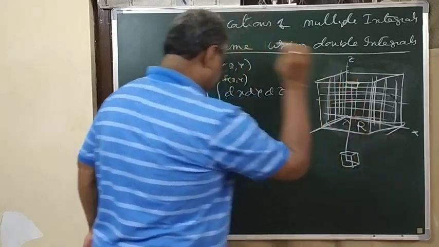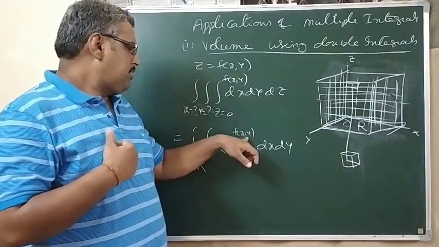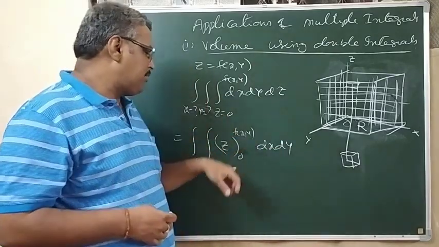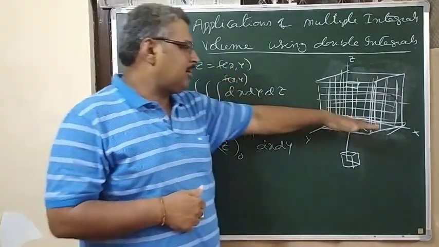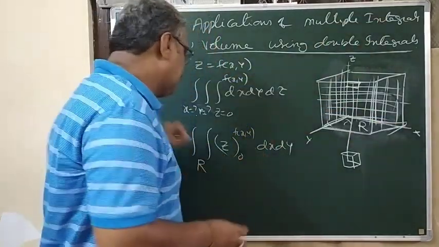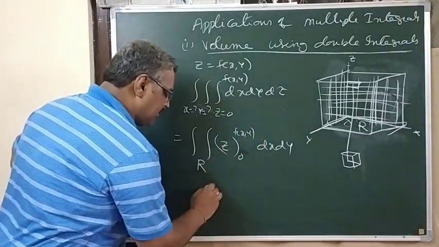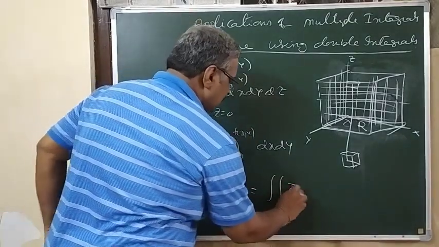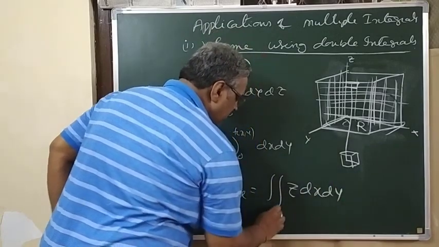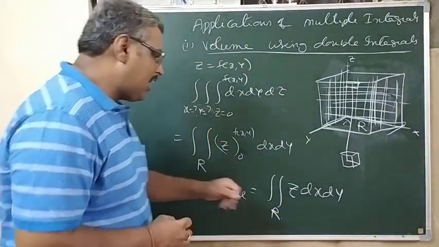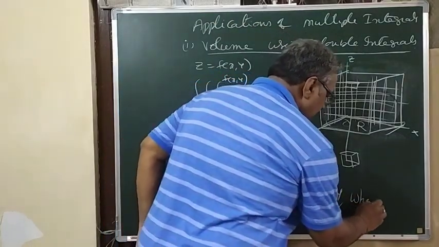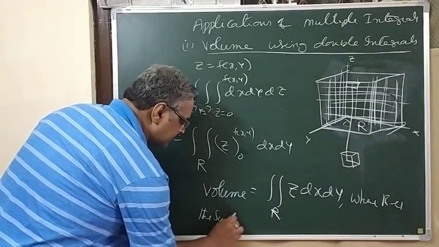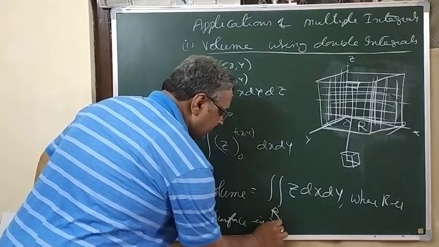This is R. Now the simplified formula using double integral, if the solid is bounded above the xy plane: volume equals the double integral of z dx dy over the region R, where R is the surface in the xy plane.